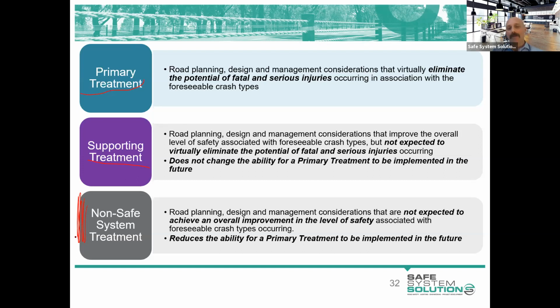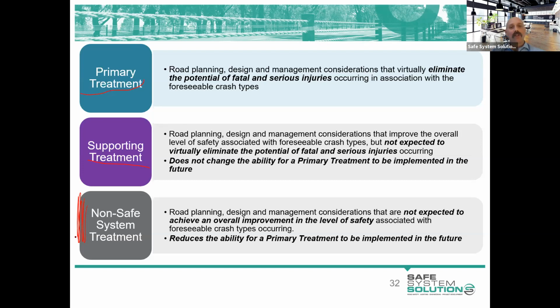And so examples of primary treatments generally are things like roundabouts for passenger vehicles, physically separated cycle facilities for cyclists, very low speed raised pedestrian crossings for pedestrians, and those sorts of things. Now, this is one of the areas that a lot of you are going to get wrong in your safe system assessment.